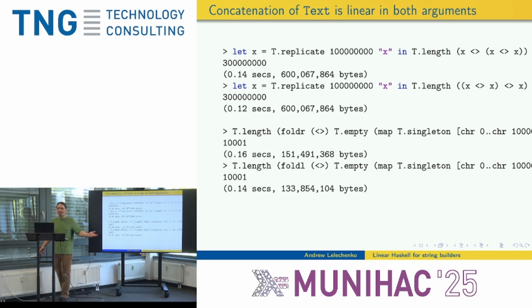Like kind of, nope. The reason is that indeed when you concatenate 2 byte arrays, you must basically allocate completely new space, and then copy the first array there and the second array there. So if concatenation of lists was linear only in its first argument and didn't care about the second argument at all, concatenation of text is linear in both, because you have to copy both byte arrays to a new location.